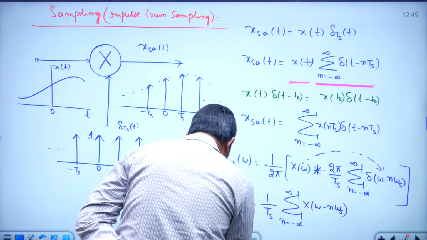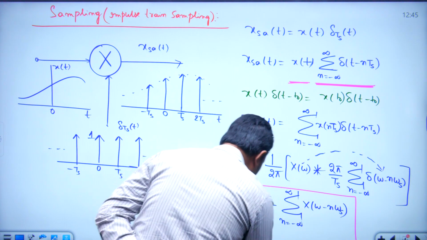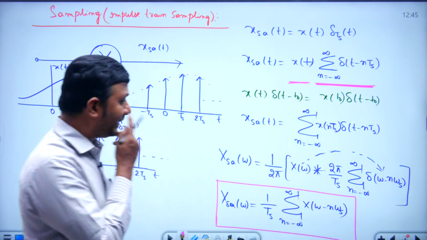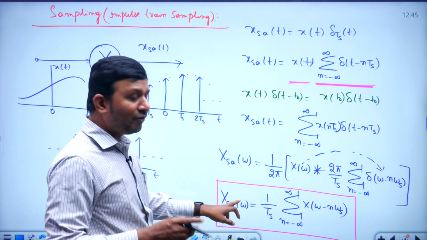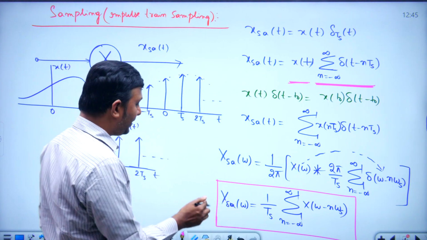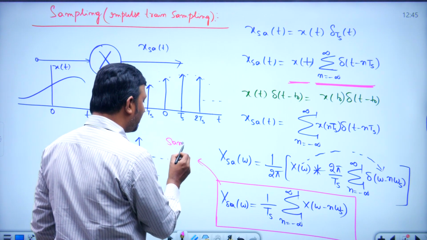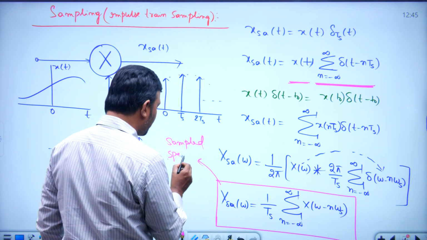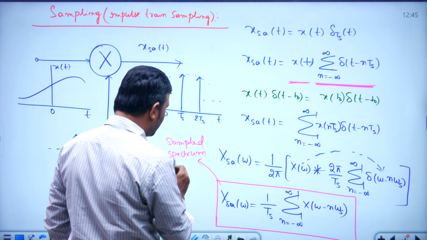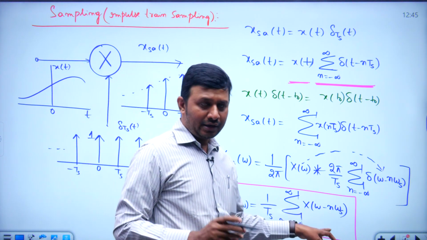Now the expression we got here is what is known as the Fourier transform of the sampled signal. This is the sampled signal, and this is the Fourier transform of the sampled signal, which we call by the name sampled spectrum.